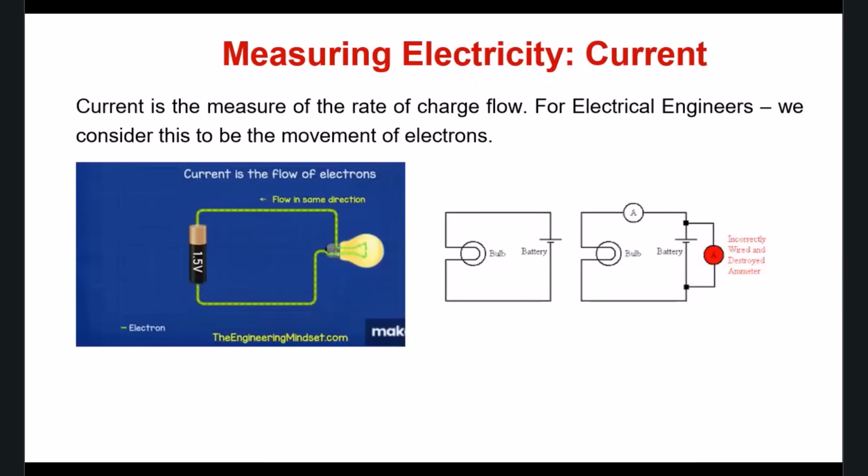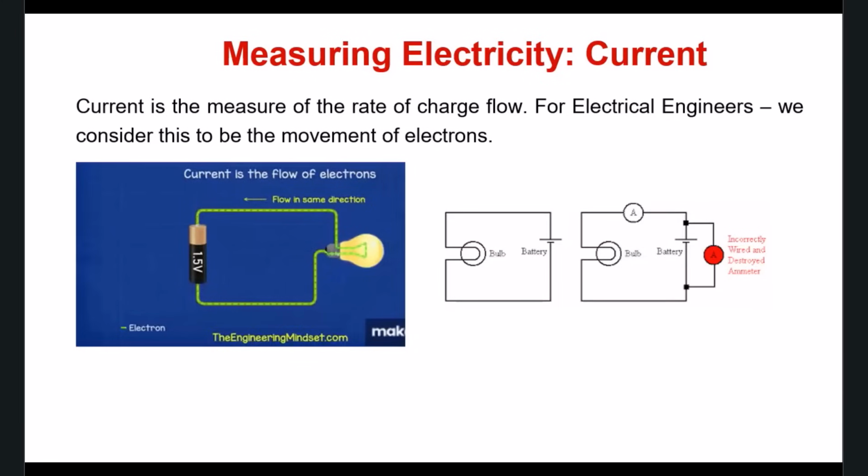Let's understand this concept using the given diagram. So here we have connected one battery of 1.5 volt to a bulb. Now you can see something moving inside the circuit, and because of that the bulb is glowing.